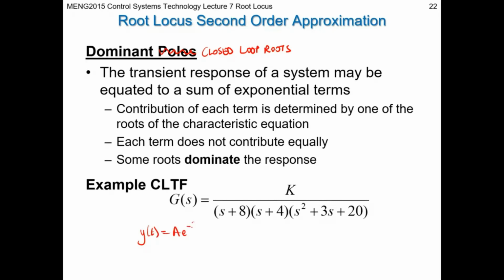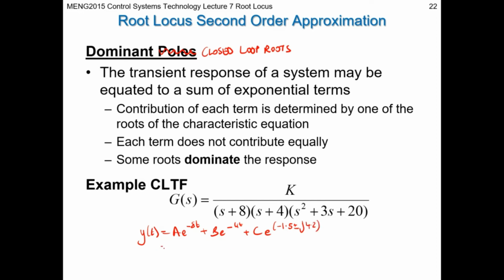Those roots will correspond to the output function A e to the minus 8t, and B e to the minus 4t, and C e to the minus 1.5 plus or minus j 4.2.